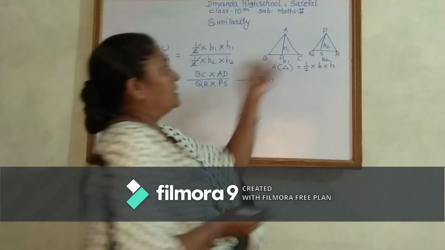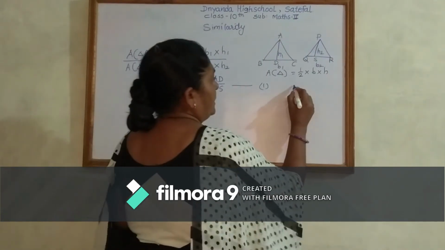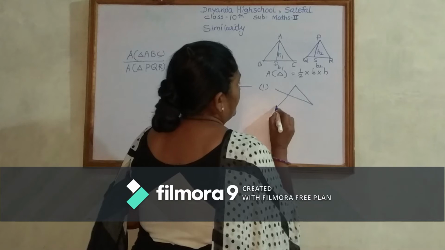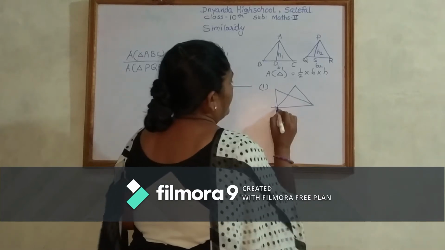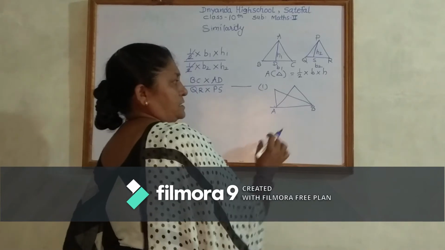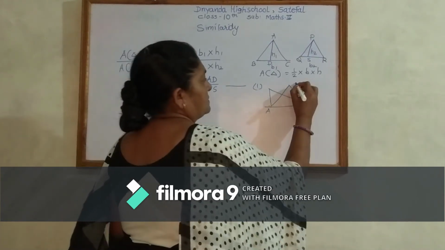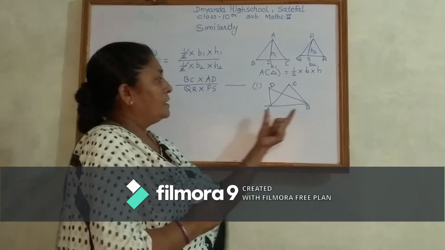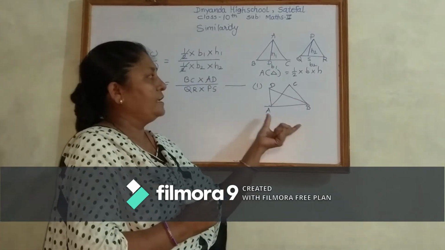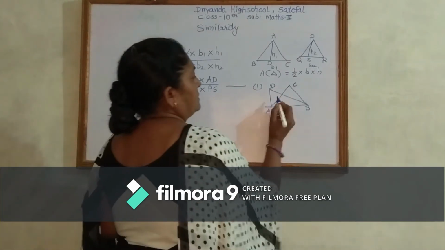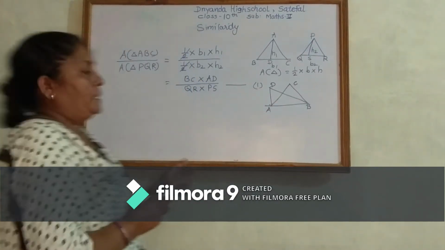Now in another pair of triangles, triangle ABC and triangle ABD, AB is the base of both the triangles, and the heights are different.